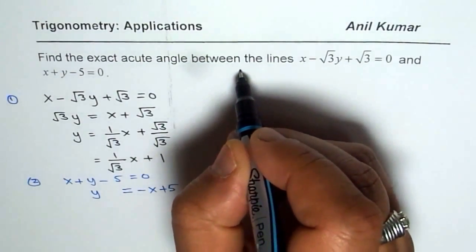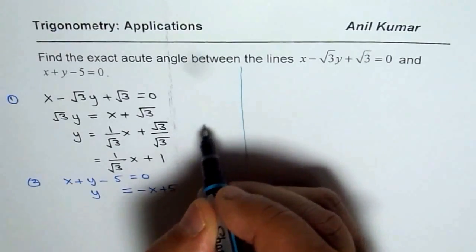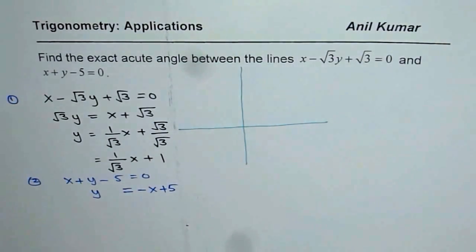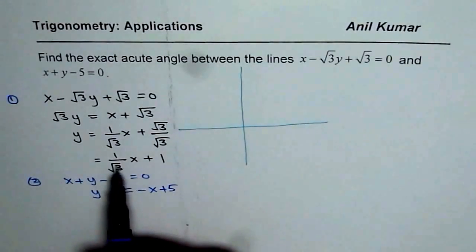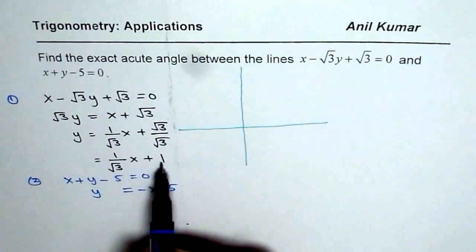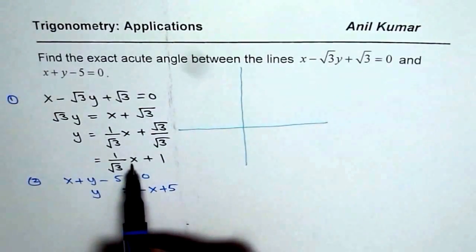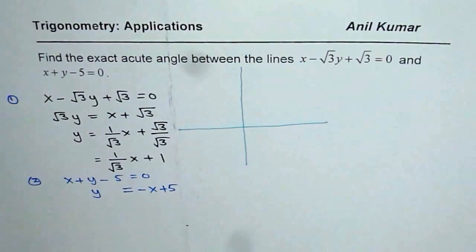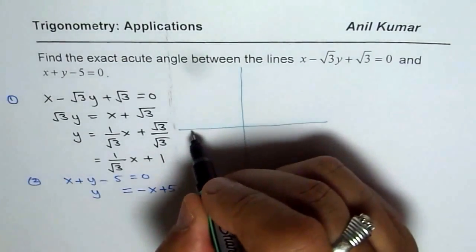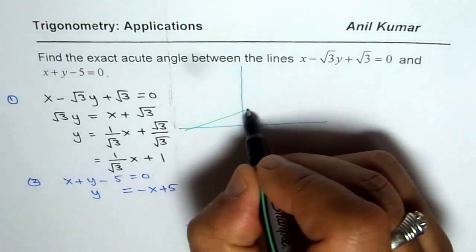I'll sketch it right here in the center, approximately. We have this line, y equals 1 over square root 3 x plus 1. That means positive slope, and the y-intercept is 1. So let us say the line is kind of like this.